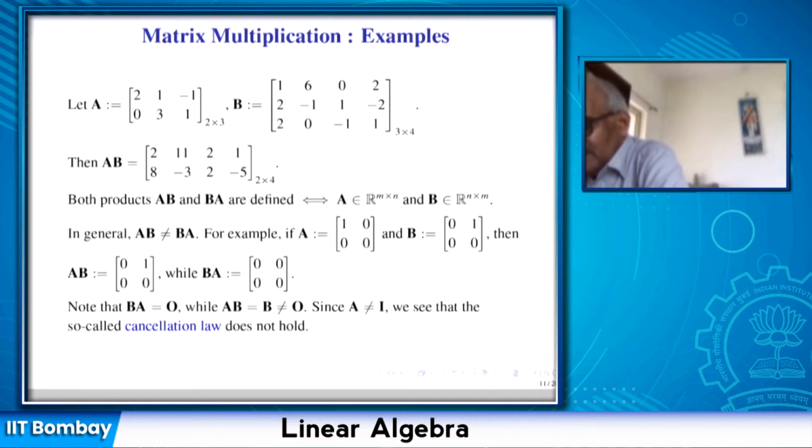So if I write AB equal to B, you don't cancel B. We will see that sometimes you can cancel B. But in this case, if you cancel B, you will get a contradiction that A is the identity matrix, which is not the case. So be careful: the cancellation law doesn't hold in matrix multiplication.